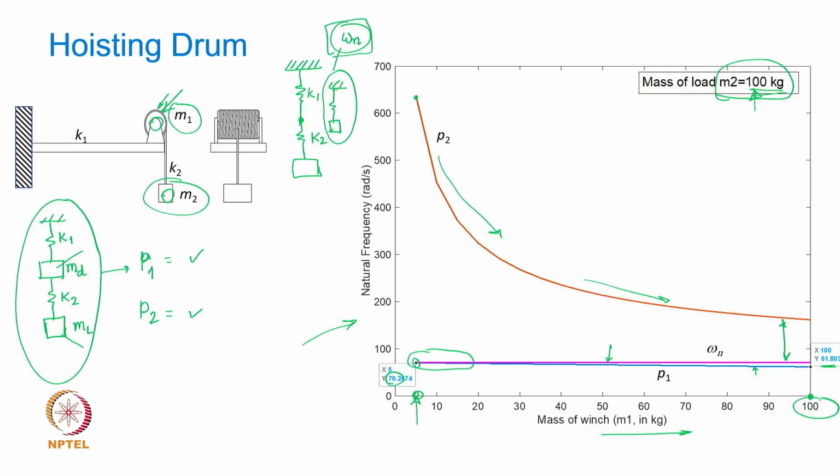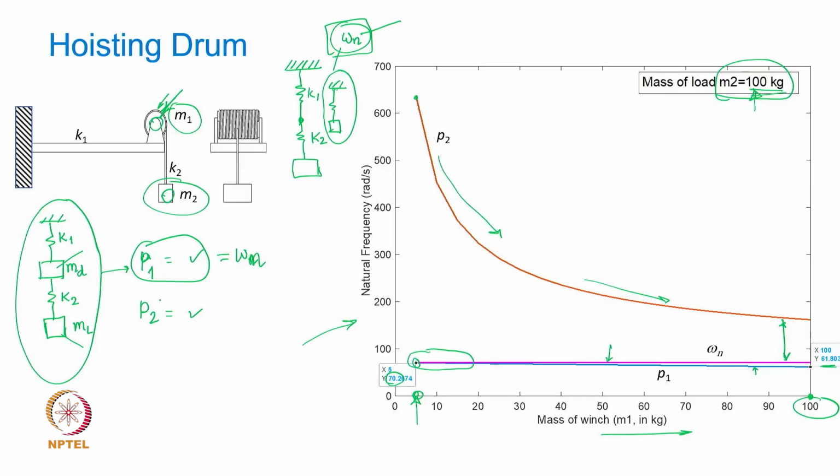Do you agree with that? Right. So by neglecting this mass, the natural frequency that you get, that is omega n, is very close to p1. This is almost equal to the frequency that you obtain by assuming single degree of freedom model.